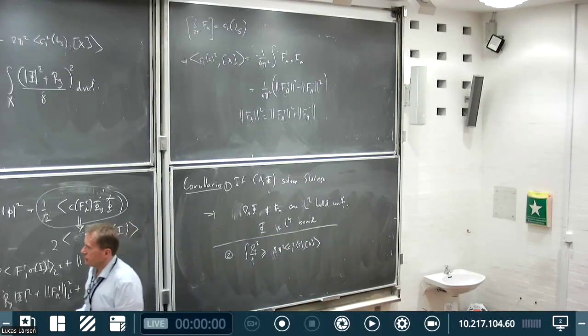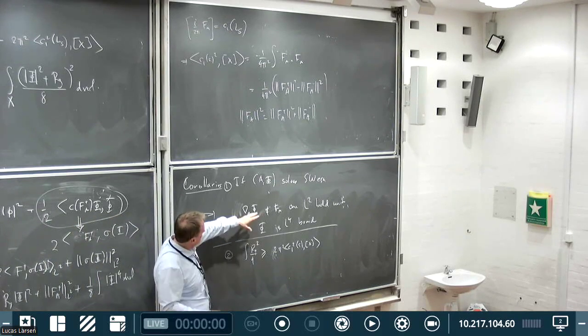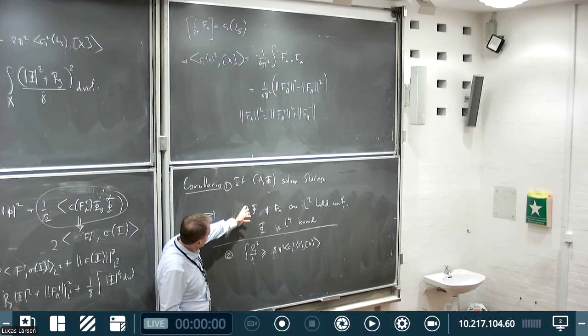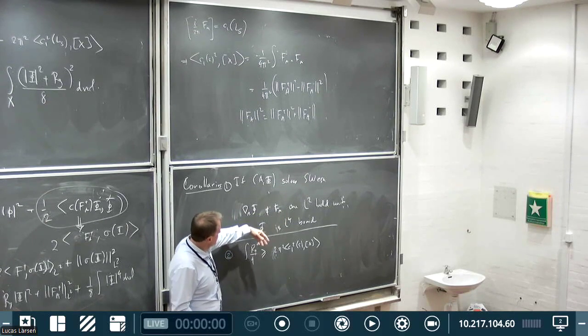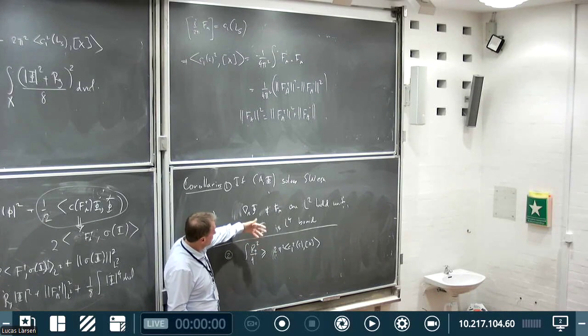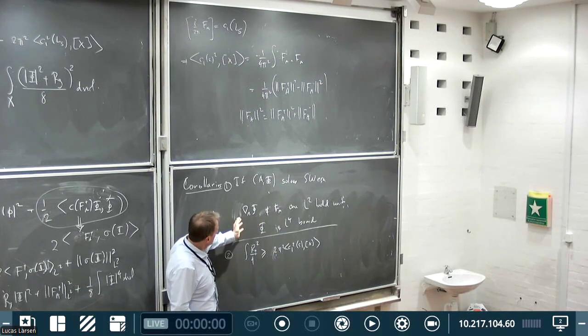It turns out, and I'll explain how you do that next time, that essentially if you add a side condition on the connection, then an L2 bound on its curvature will give you an L2 bound on the gradient of the connection 1-form.